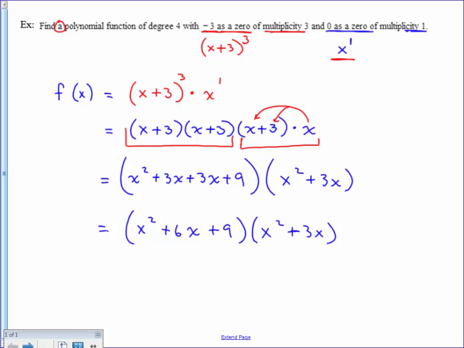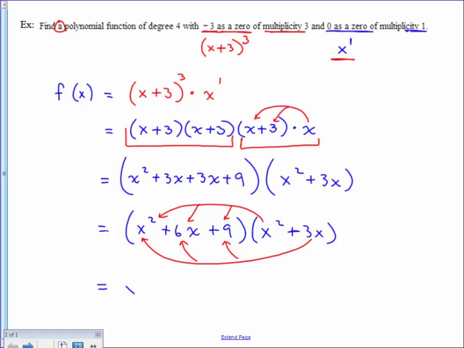Now, to multiply these two groups together, I can't FOIL because I have more than 2 terms in the first group, but what I can do is multiply x squared by each of these terms, and then multiply 3x by each of these terms. And I should have a result of 6 total terms.